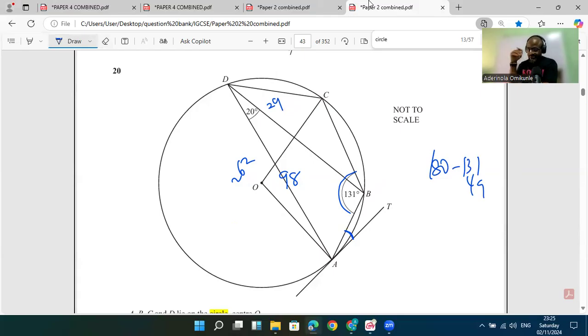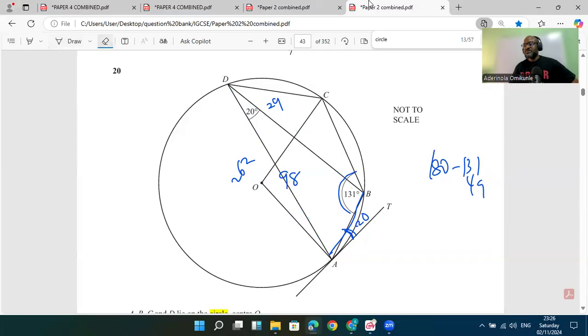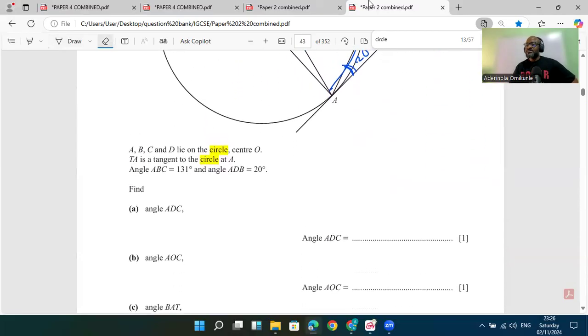Don't forget to hit the pause button and then you can try it out and see what you will get. Okay, so I know that BAT is 20 because it's the alternate segment. Look at it, this is the chord and the chord carries angle 20 up here. So BAT is 20 degrees.